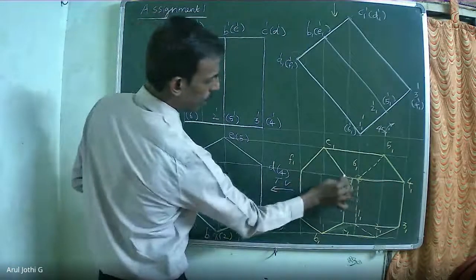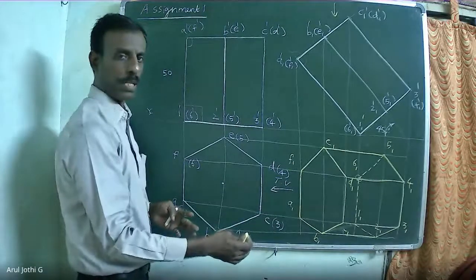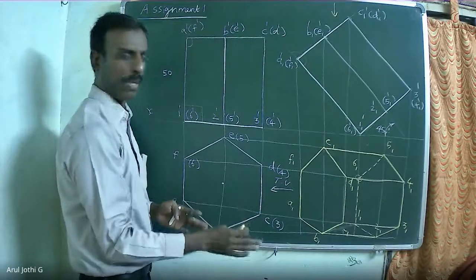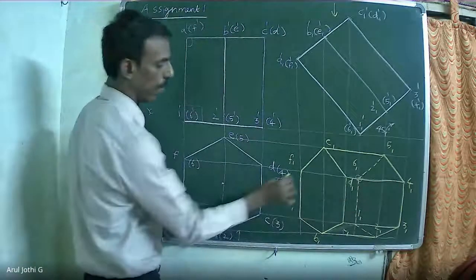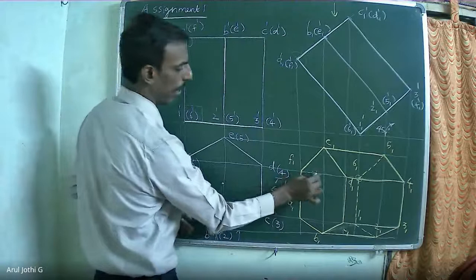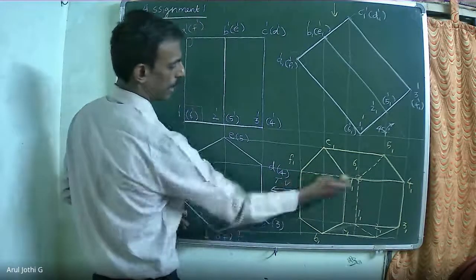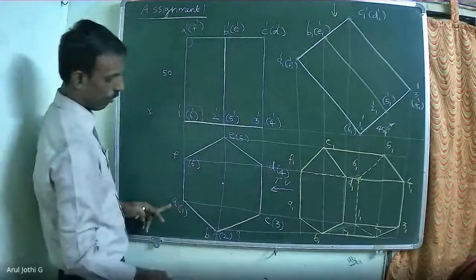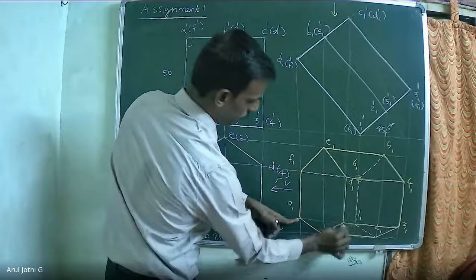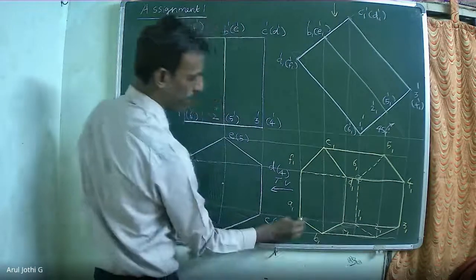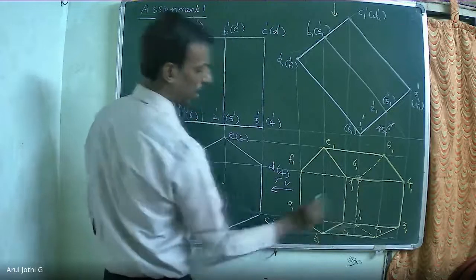Already the visible line we have drawn here. When visible and invisible lines are coinciding, give priority to the visible line. So in this small area, you cannot draw the dotted line. For the remaining area, you can draw the longer edge F6 as a dotted line. Similarly, A1. A is here, 1 is here. Already for the small portion, we have drawn the visible line. For the remaining area only, you can show the dotted line.